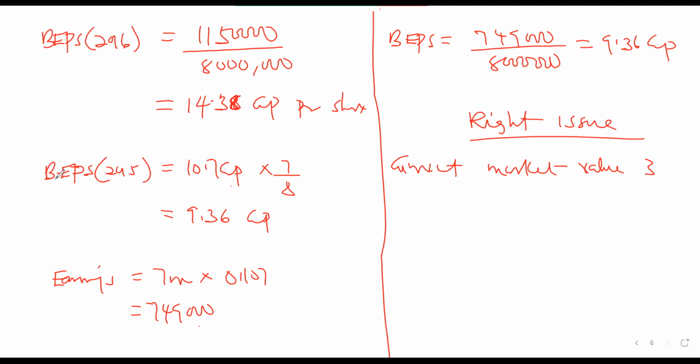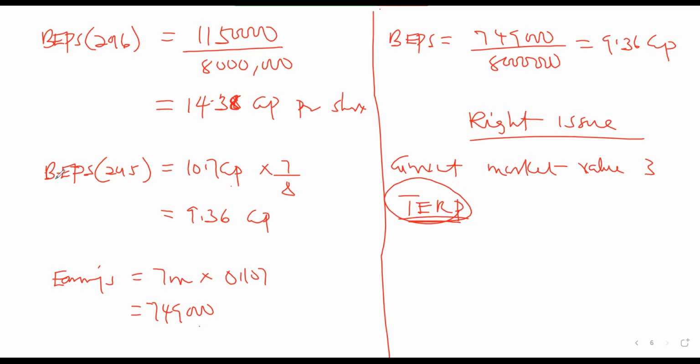The first thing that you have to calculate is what we call the theoretical ex-right price. What is a theoretical ex-right price? It is the actual price of the shares after the right issue. Why are we calculating the theoretical ex-right price?